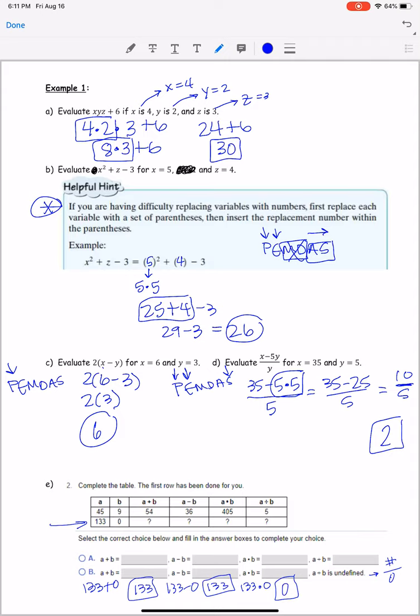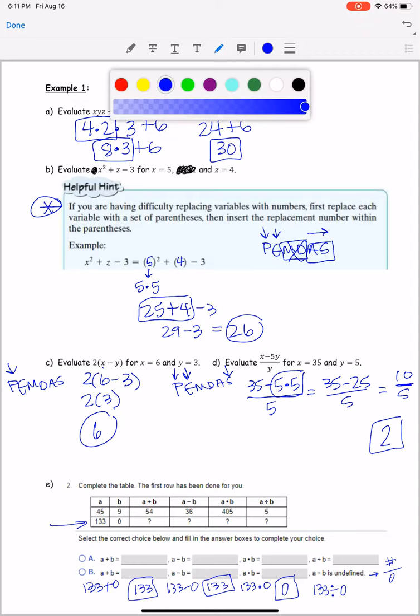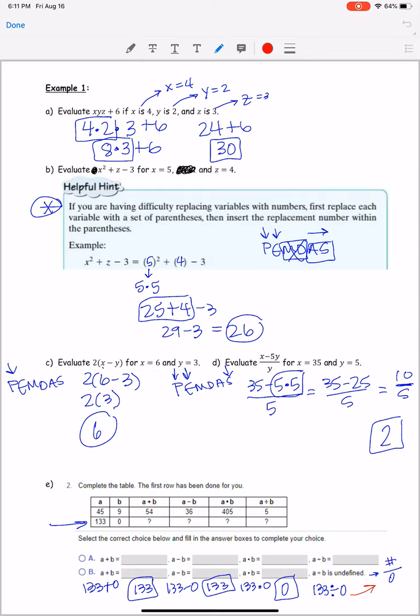And now we get to this A divided by B. So now we've got 133 for my A and my B is 0. That is my undefined that we were just talking about. So because of that, we need to select B and then put these numbers in these spots right here.